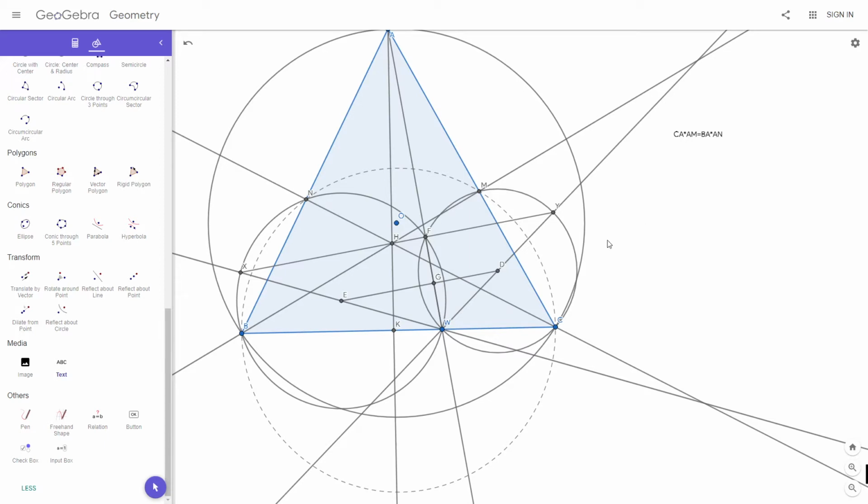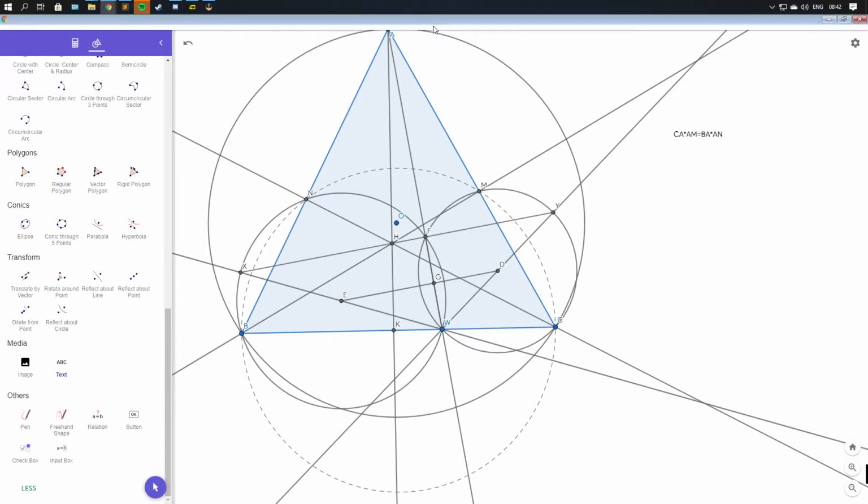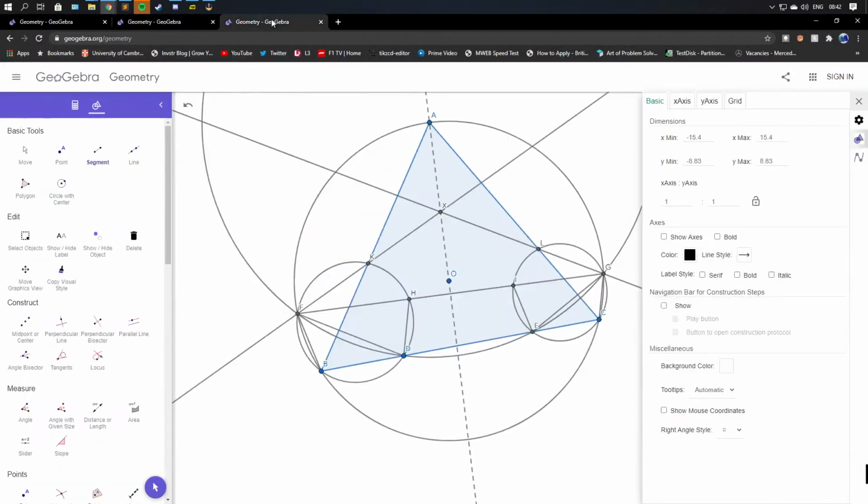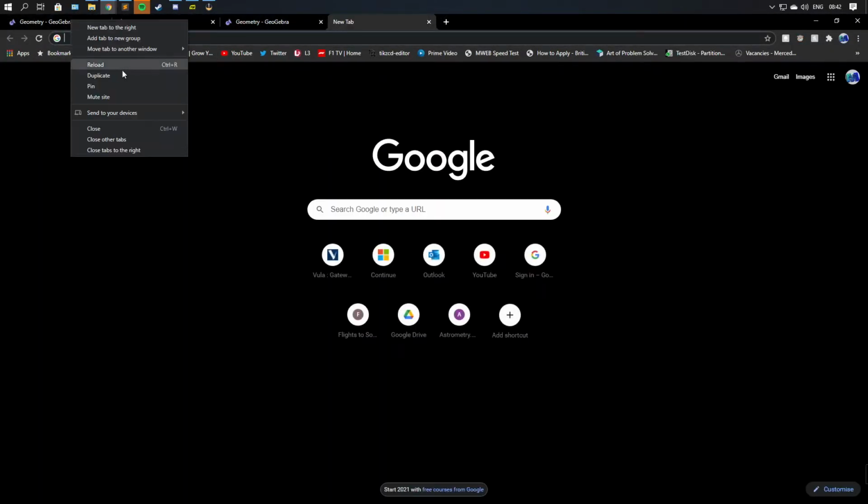Now, we know that the radical axis of two circles is precisely the line that runs between the intersection points of two circles. So hang on, let me just open another window so you can see what I mean. Let's duplicate here.